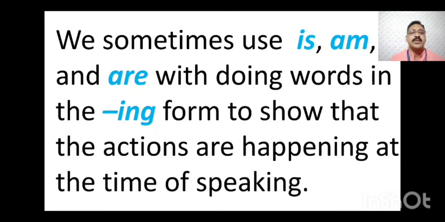Means it is present continuous tense. So present continuous tense means when the work is going on, it is not over. That time we use ing with the verb along with is, am, are.